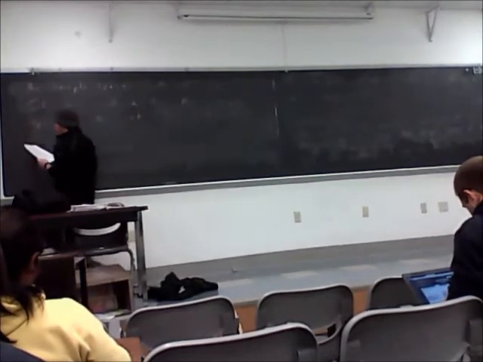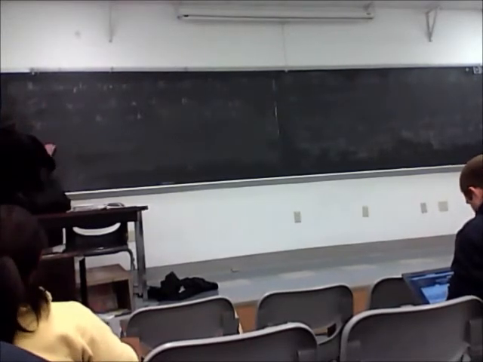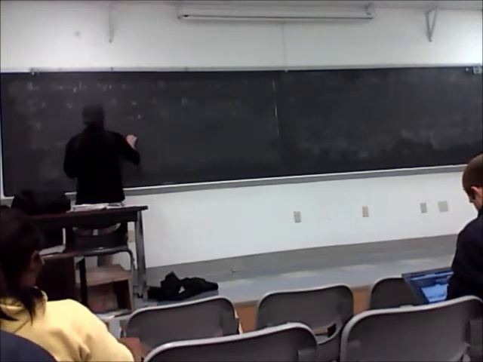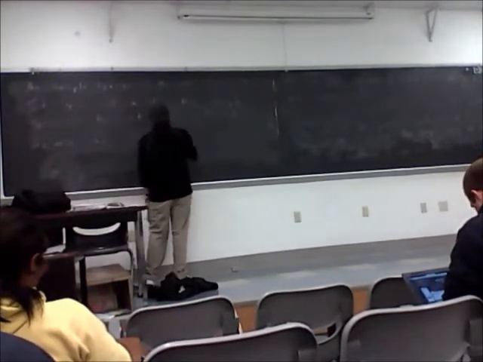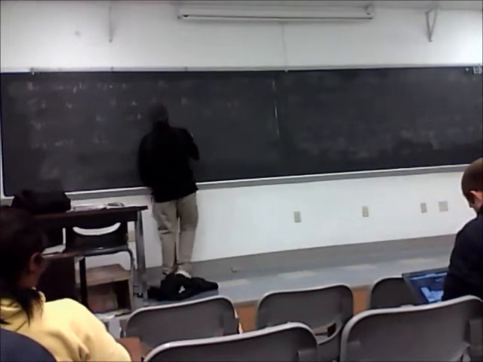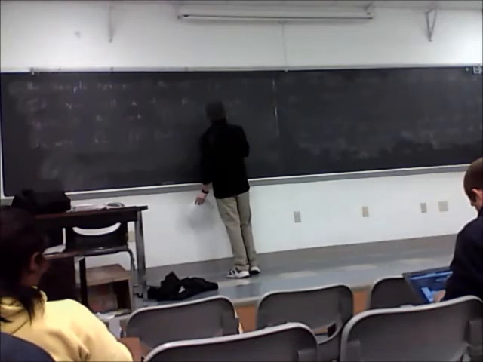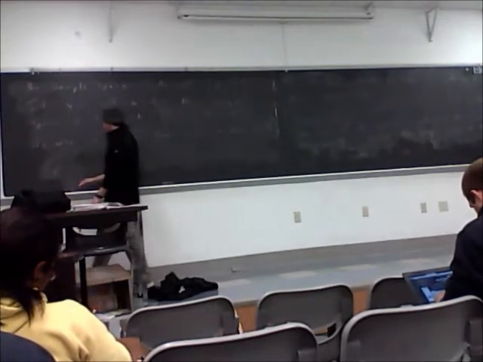So, we use this notation generally. We use this capital omega for outcomes. So Greek O. Right, so we use this capital omega to stand for the sample space, the set of all the outcomes.